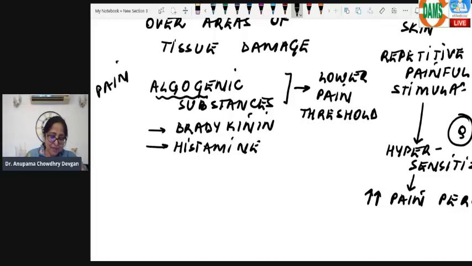Mohan Raj, there is no adaptation. Pain receptors do not adapt. I've done that with you. So there is no question of adaptation. Mohan Raj. Okay? Algogenic substances are pain-producing substances. They decrease the pain threshold.